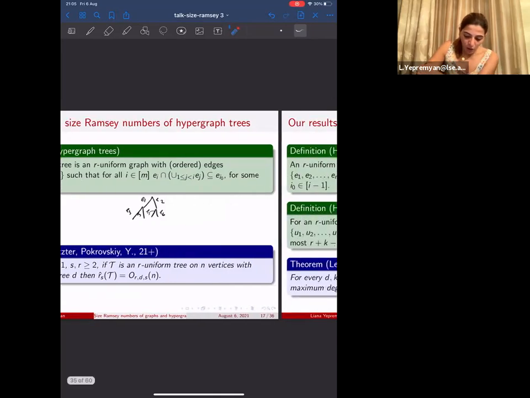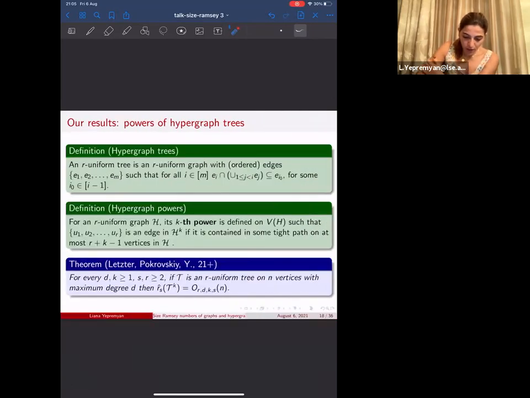We also proved that the same result holds for k-th powers of such trees. You can define k-th powers of trees in various ways, but we use the analog of the version for paths.